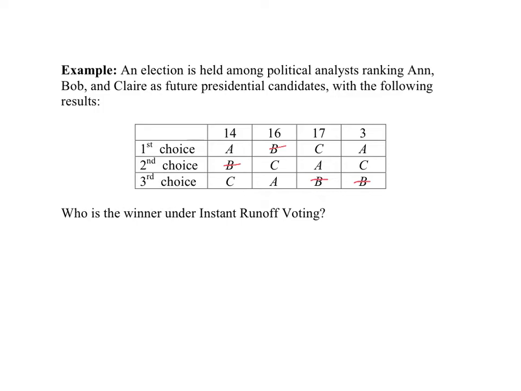Very well. Who's left? It's Anne versus Claire, and Claire has, by a substantial margin now, a majority of the first choice votes. So Claire has moved up a spot here, and now Claire has 33 first choice votes. Anne has only 17, which means that Claire wins.